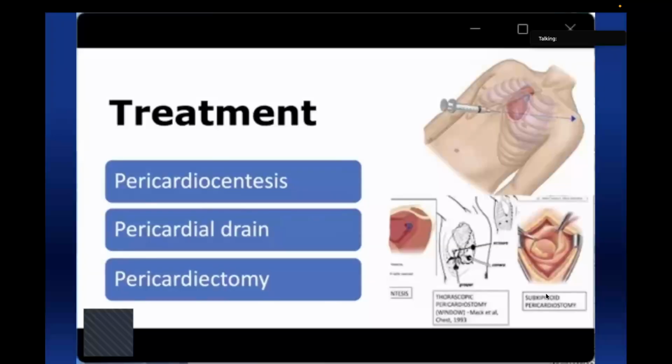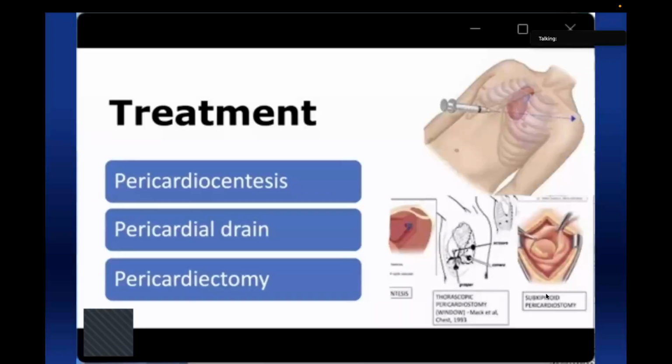If you know that there will be recurrence or fast recurrence of the fluid in your heart, you might want to do pericardial drain rather than doing pericardiocentesis alone, because we know that it can be recurrent.